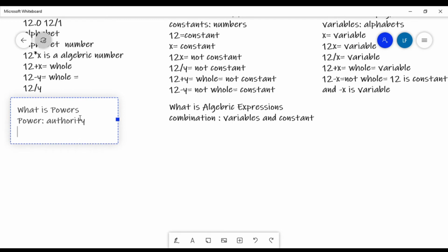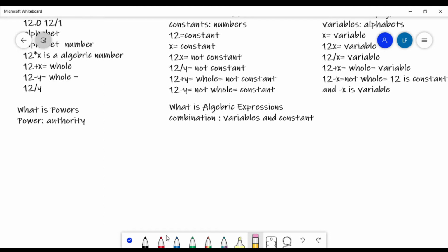All constants and variables can have their own power. Power is denoted by a number or a variable written on top. For example, we can say 12 raised to the power of 2. This symbol means raised, and I will be using this raised symbol as a sign of power.